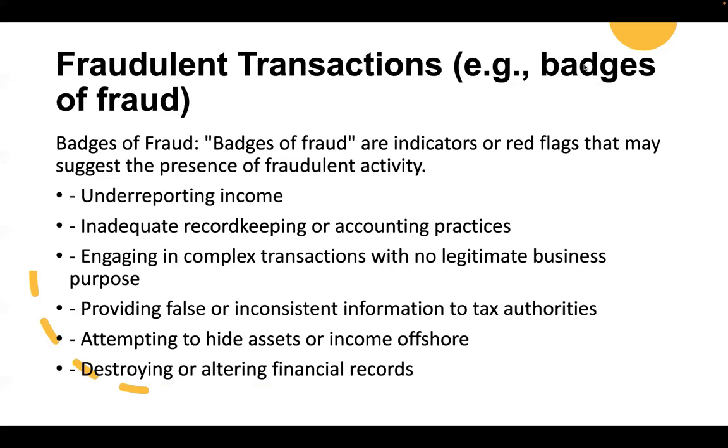So it's not to say that if somebody doesn't have bookkeeping that they're committing fraud, but people that normally don't keep books or have adequate record keeping processes are more likely to commit fraudulent activity, right? They might not report all of their income, or they might report too much expenses, for example.